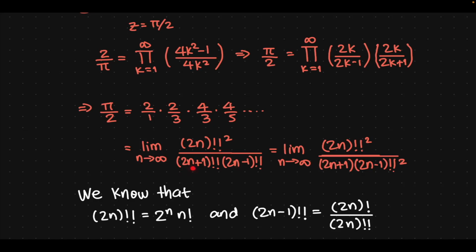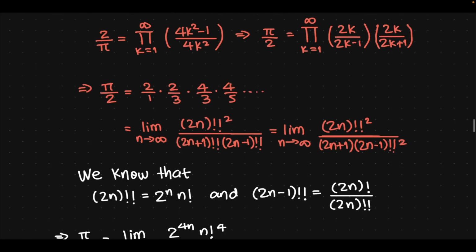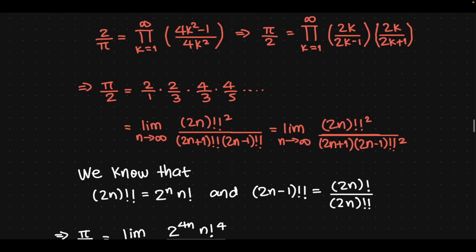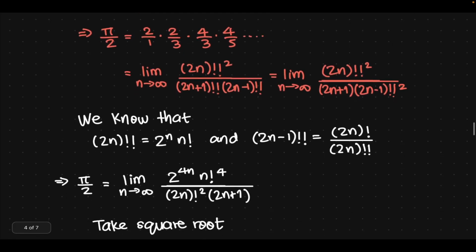So 2n plus 1 double factorial times 2n minus 1 double factorial, which should just naturally follow from the form that we had here, splitting them into 2 pieces like that. So the limit as n goes to infinity is 2n double factorial squared over 2n plus 1 double factorial times 2n minus 1 double factorial. This is just using the recursive definition of the double factorial.